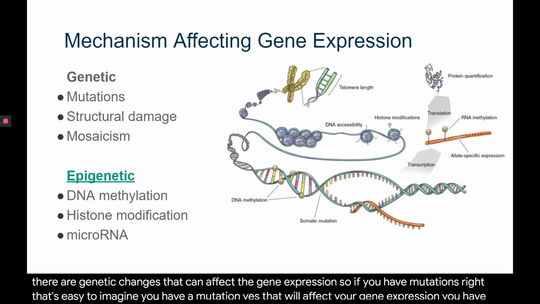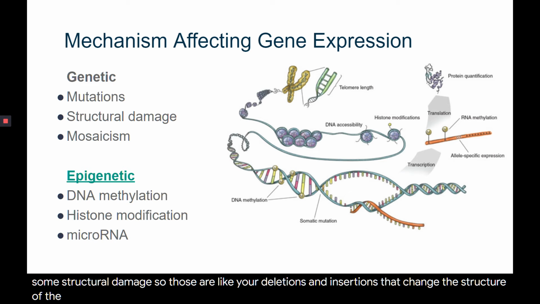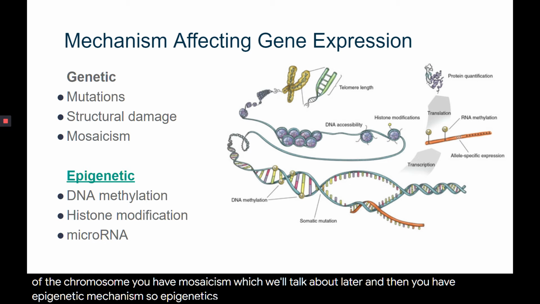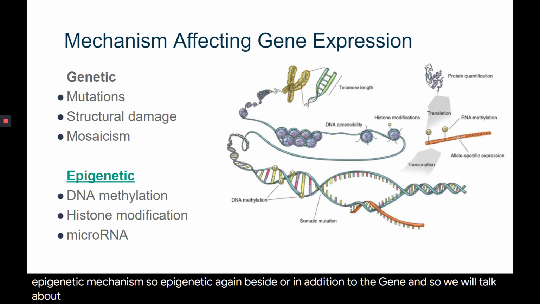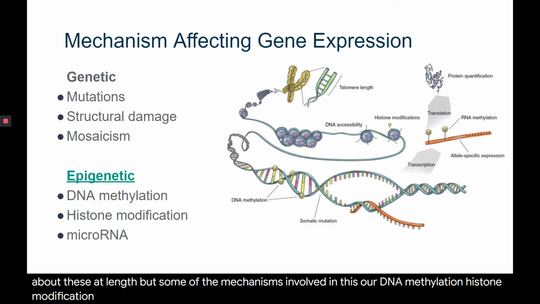You have some structural damage, so those are like your deletions and insertions that change the structure of the chromosome. You have mosaicism, which we'll talk about later, and then you have epigenetic mechanisms. So epigenetic, again, beside or in addition to the gene. And so we will talk about these at length. But some of the mechanisms involved in this are DNA methylation, histone modification, and using microRNAs.